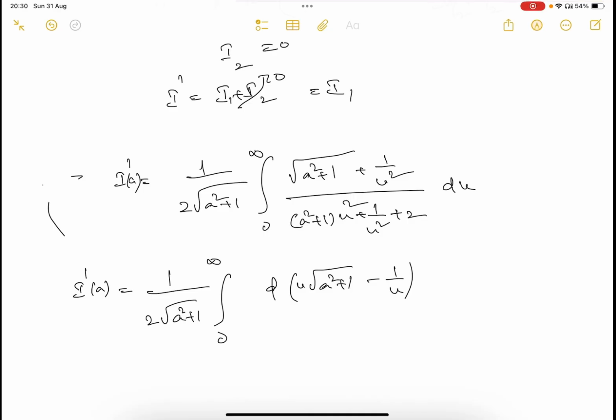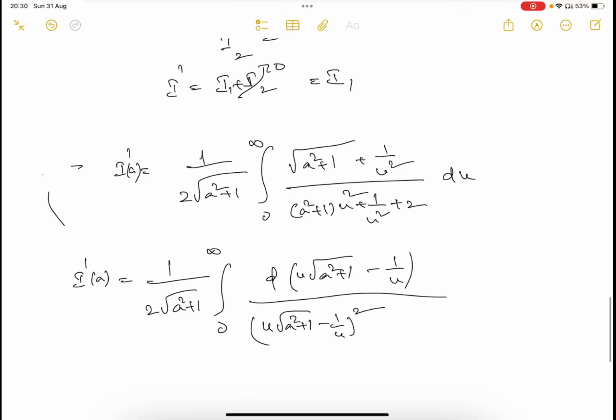As differentiation of 1 by u is minus 1 by u square, then minus minus will give plus. So try to write in a similar way. This you can write as u into root a square plus 1 minus 1 by u whole square, right? Then you will get minus 2 into root a square plus 1 as an extra part.